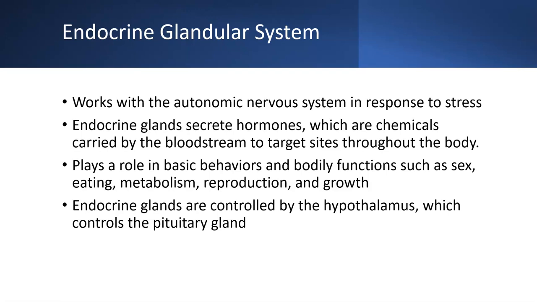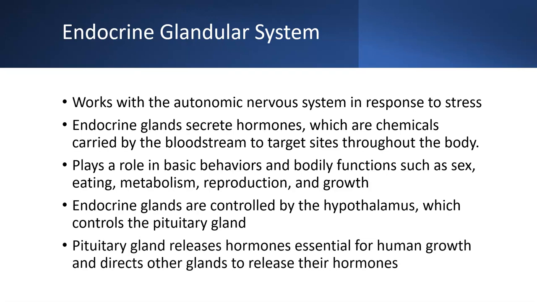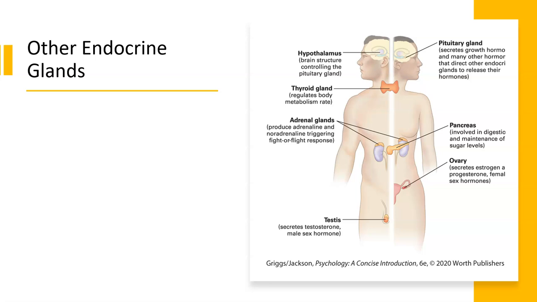And the pituitary gland is often referred to as a master gland because it releases hormones that are essential for growth, but also it has directorial responsibility for telling the other glands what they're supposed to do. So the hypothalamus is the connection to the nervous system. The pituitary gland is then going to send out further instructions. And that just shows you how integrated these systems are.